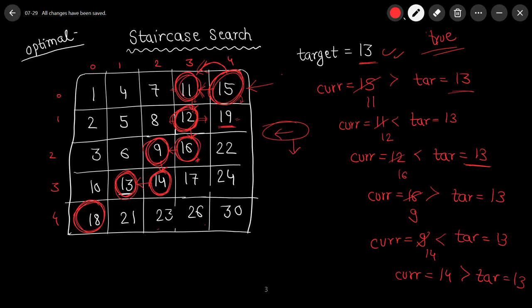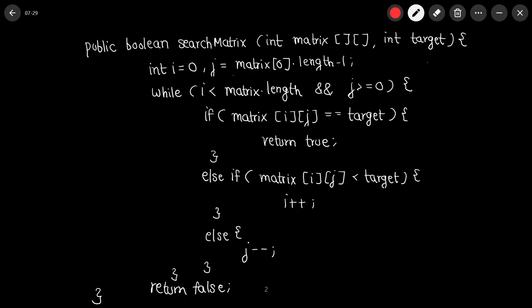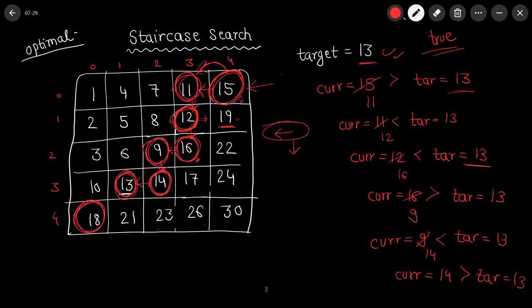So let me explain the code of it and then discuss the time complexity of it. So heading over to the code. So we initialize i, which denotes the row number of the starting cell, and j is the column number. You can see here that we started from here, right?